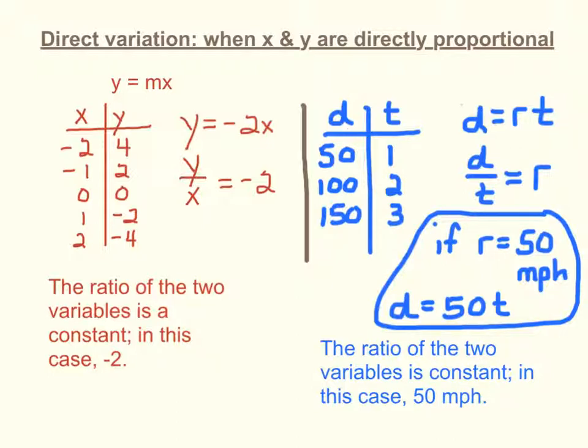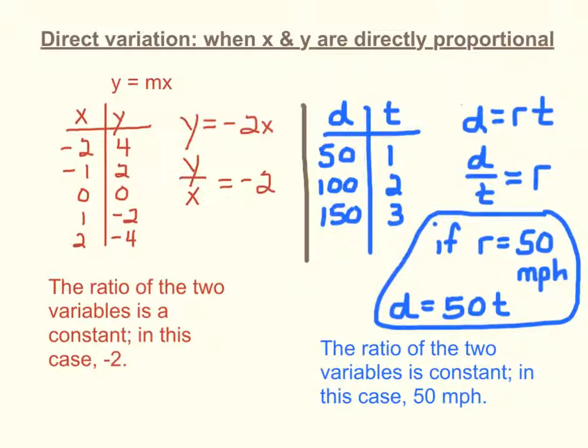The direct variation equation can also be written as y over x is equal to negative 2, and we get that by dividing y equals negative 2x by x on both sides, isolating the negative 2. We do that so that we can see what the ratio of variation is. In this case, the ratio of the two variables is a constant number, negative 2.